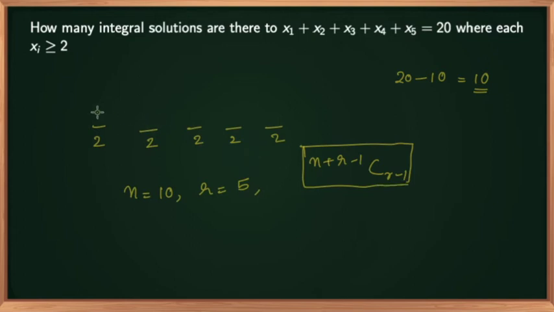The initial condition given here is xi greater than or equal to 2, which means I will distribute 10 balls as 2 balls each into each box, which means I will be left with 10 balls, and then I can apply the same old formula. Okay, so the answer will be 10 plus 5 minus 1, which is 14 C 4. Okay, so that will be the answer for this particular problem.